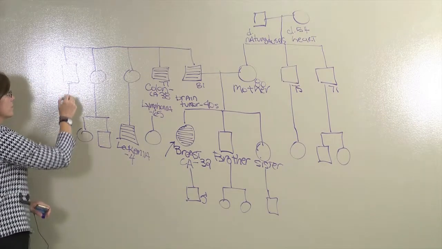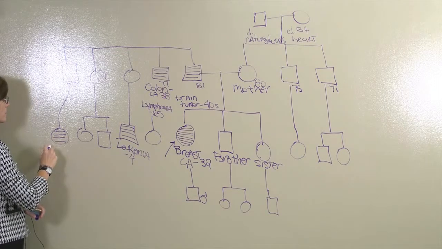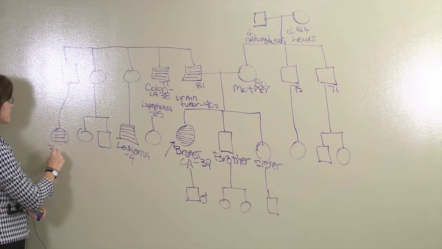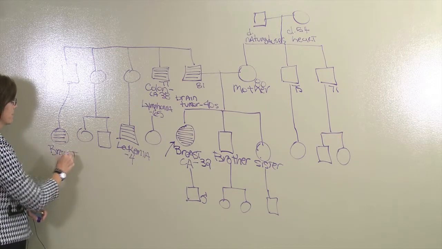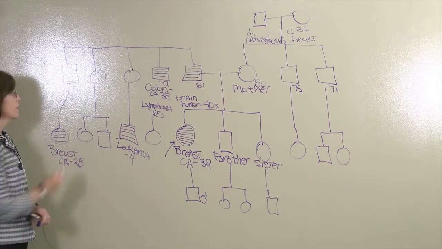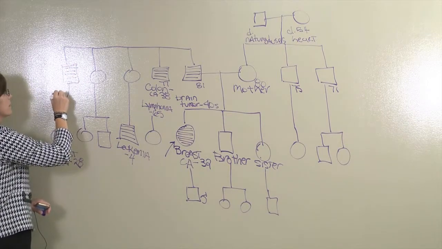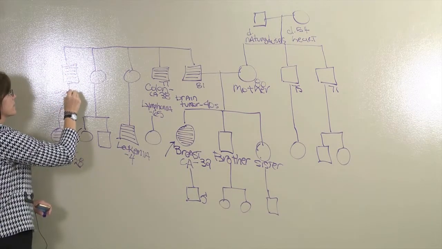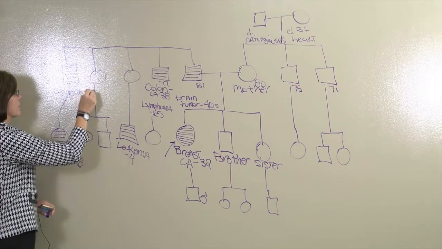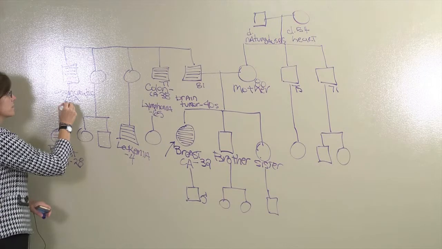And the brother has a daughter diagnosed with breast cancer at 28 years of age. And he himself has passed away. He died with pancreatic cancer. And he died when he was in his 60s.